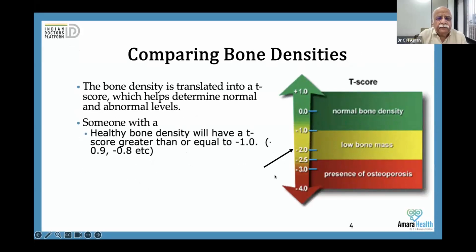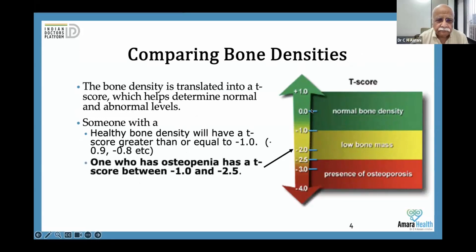Someone with a healthy bone density will have a T-score greater than or equal to -1.0. So -1 to +1 is normal bone density. Osteopenia will have -1 to -2.5.